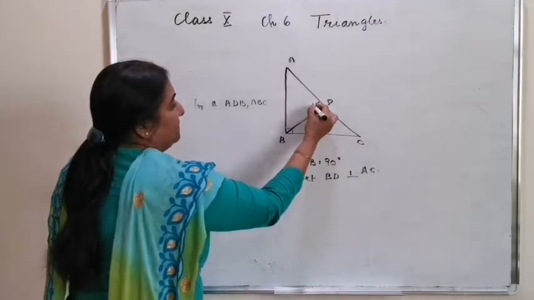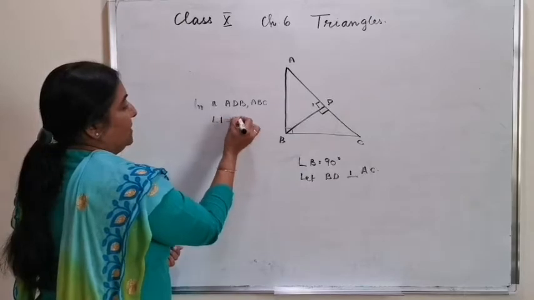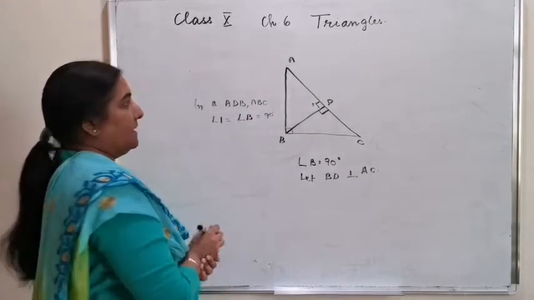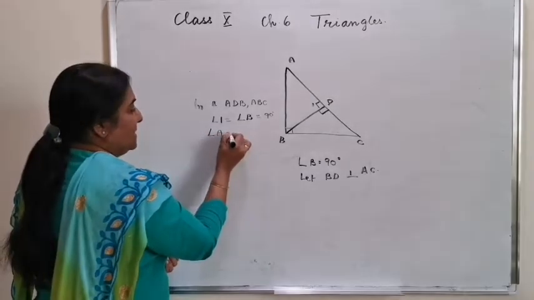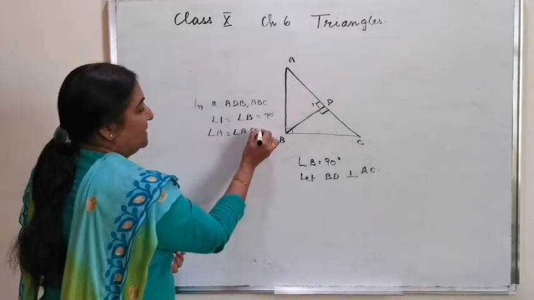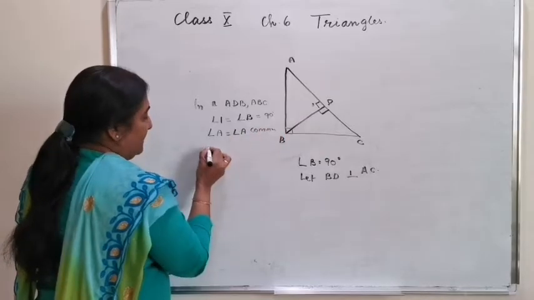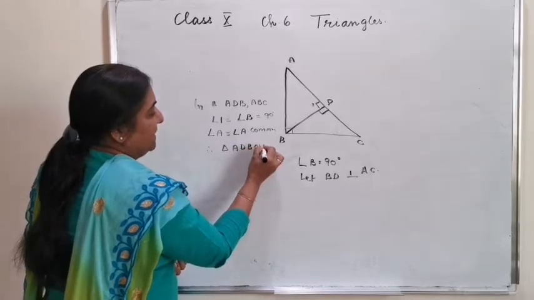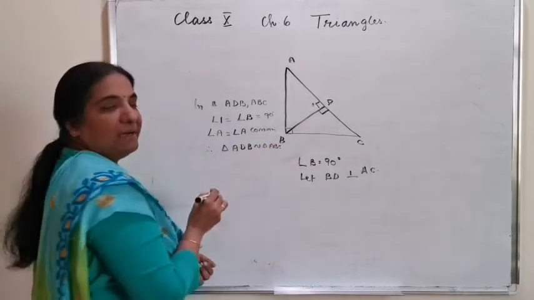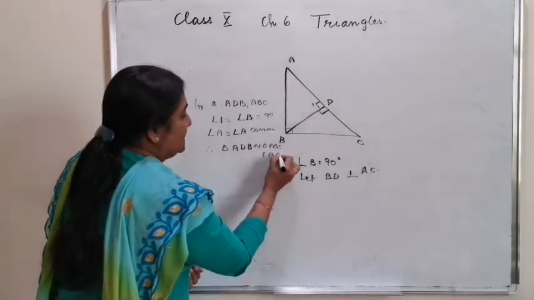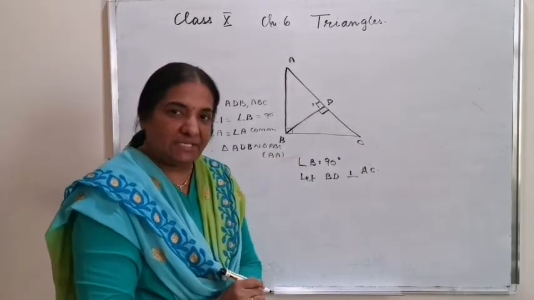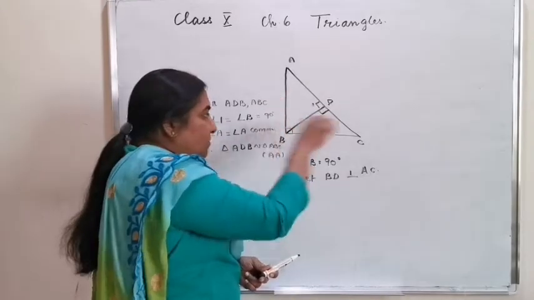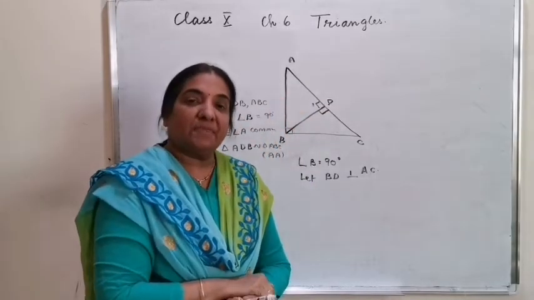Angle 1 is equal to angle B, which is 90 degrees, and angle A equal to angle A, common. Therefore, triangle ADB is similar to triangle ABC by AA similarity. That means you are proving the small triangle ADB similar to the big triangle ABC.